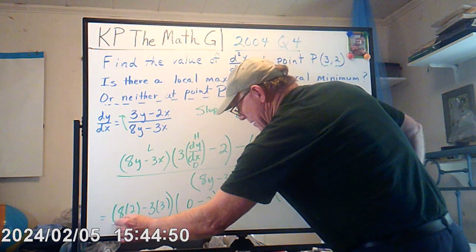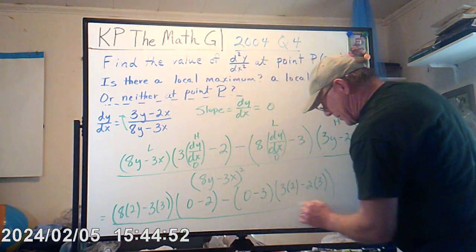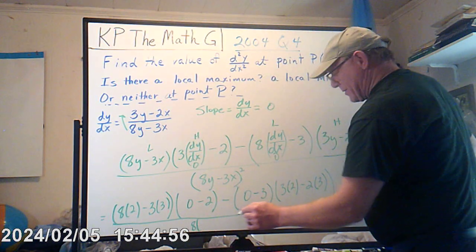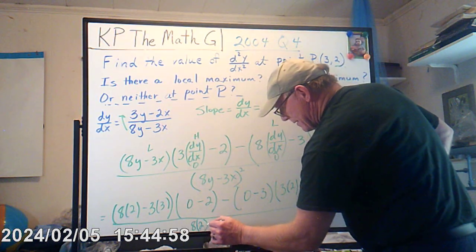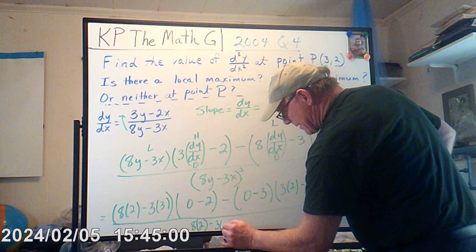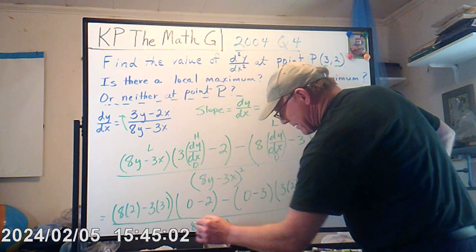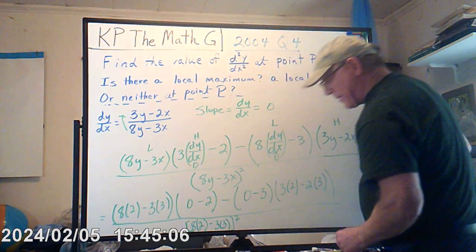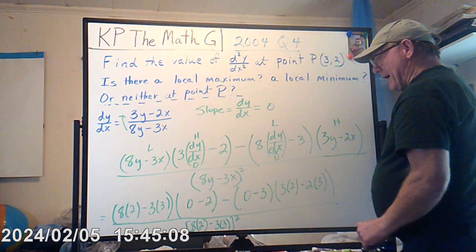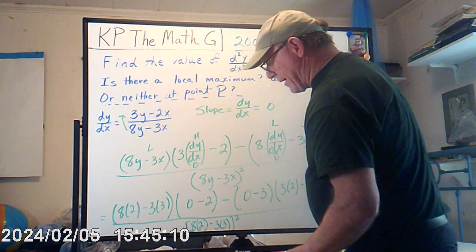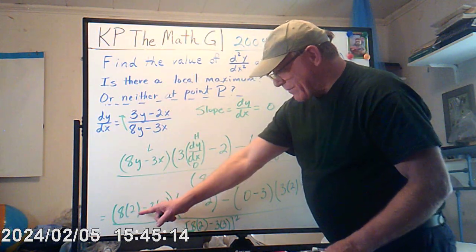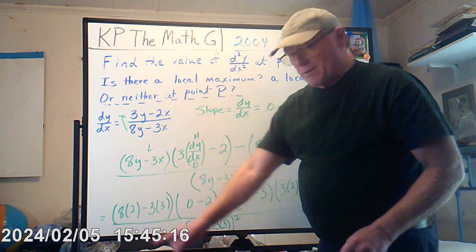And then this is all over, if I can squeeze this in, 8 times 2 minus 3 times 3, squared. That's squared. Let's see what we get here. I'm going to have to just write the answer above here. Bear with me on this one.